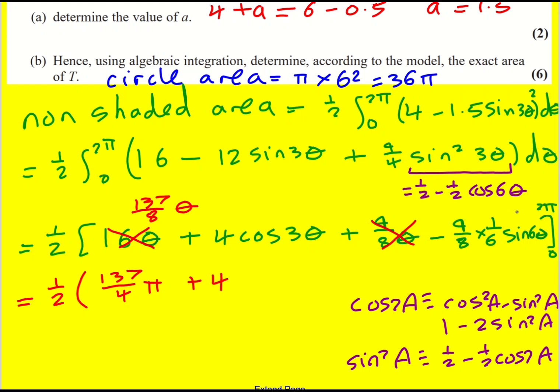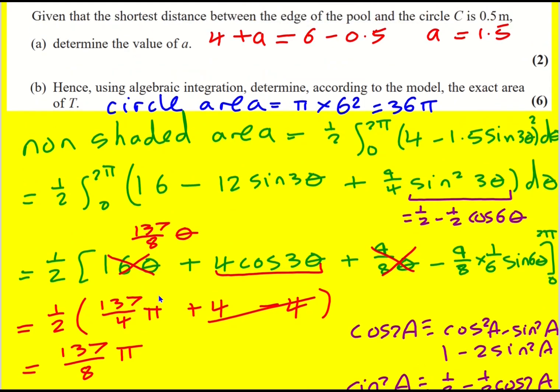When you put 2 pi into the sine 6 theta, it's a multiple of pi, so you're going to get 0 there. And then we're going to minus, well, 0 coming from here, but then we're going to actually be minusing 4 from here. So these cancel, and the sine again doesn't give us anything. So we're just left with 137/8 pi.